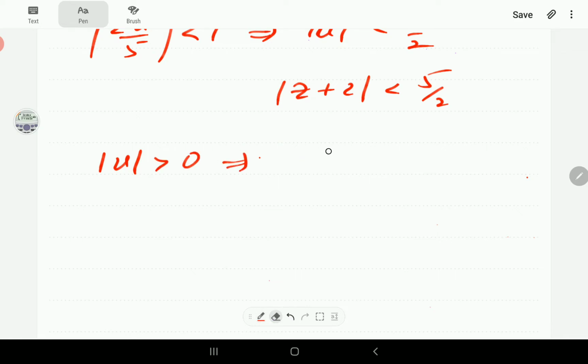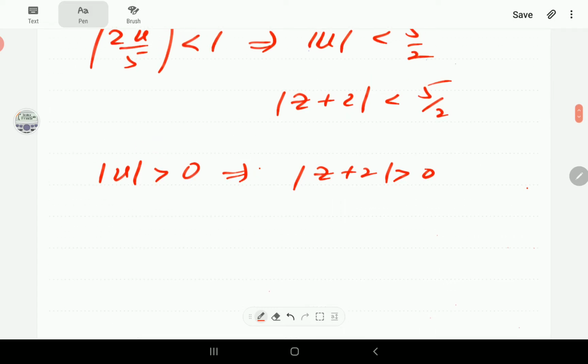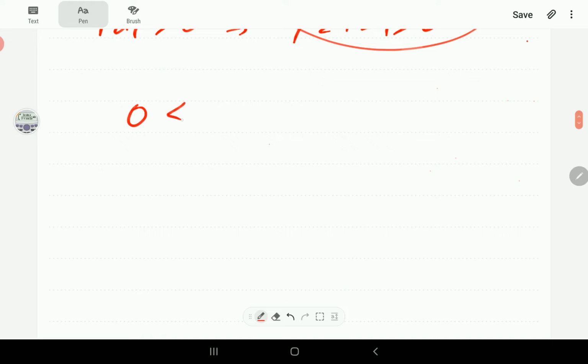U is z plus 2. So whenever magnitude of z plus 2 is greater than 0, then these two we can combine, of course, and we get this compound inequality which describes that region.